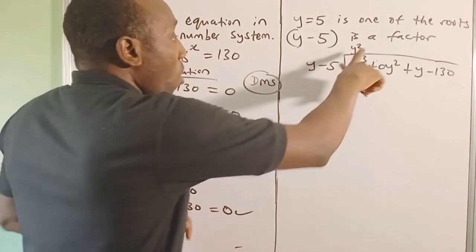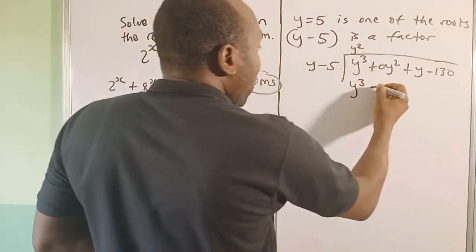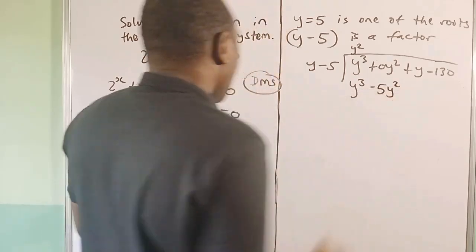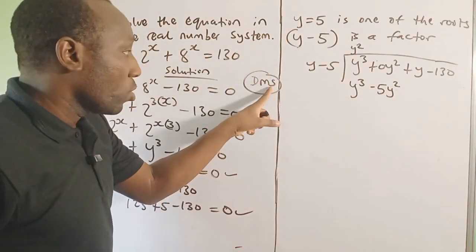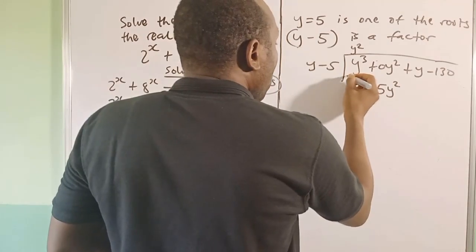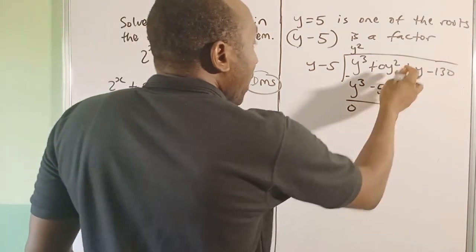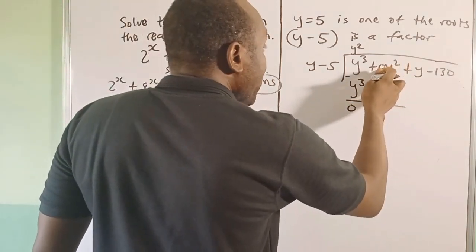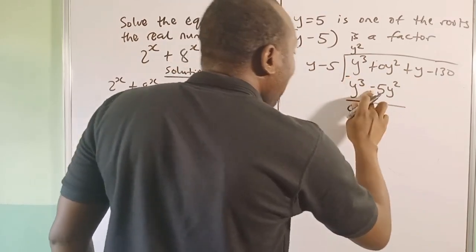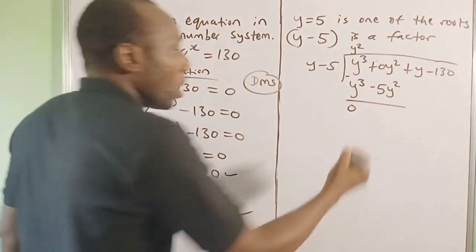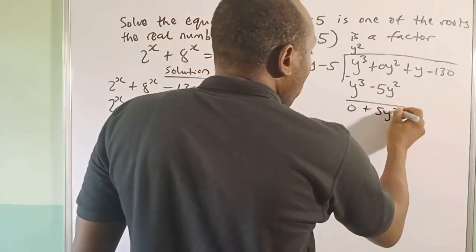So let's go again. Y squared times minus 5 is minus 5y squared. So we have multiplied. Let's now subtract. So when I subtract, y cubed minus y cubed is 0. And then 0y squared minus minus 5y squared is plus 5y squared.